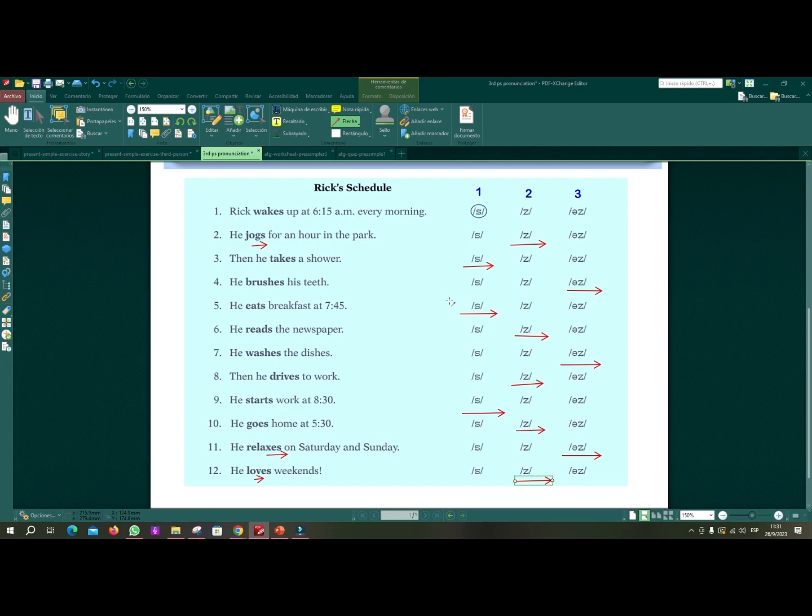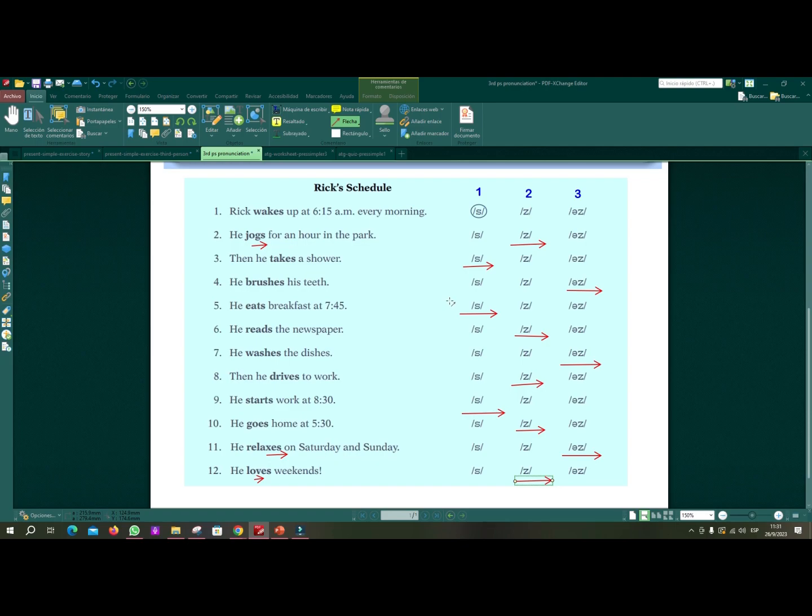So, tengan cuidado con la pronunciación, ¿verdad? De igual forma, a la hora que ustedes hagan un examen escrito, también deben de agregarle la S, ES, hacer el cambio, ¿verdad? Cuando ustedes tengan la tercera persona singular, siempre que sean oraciones afirmativas.